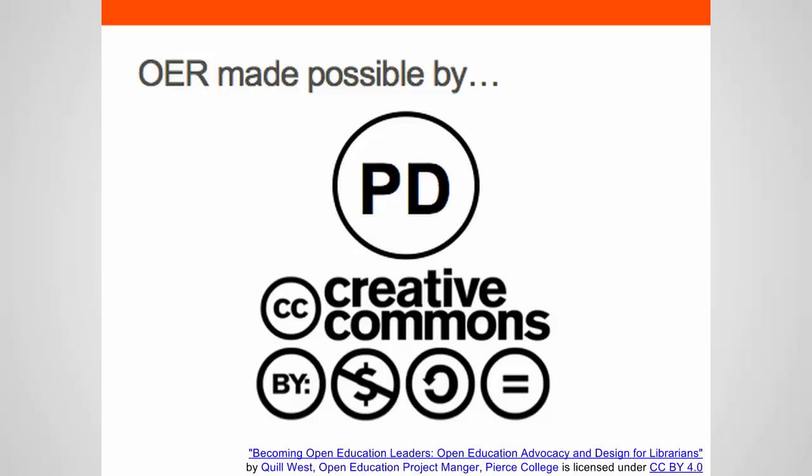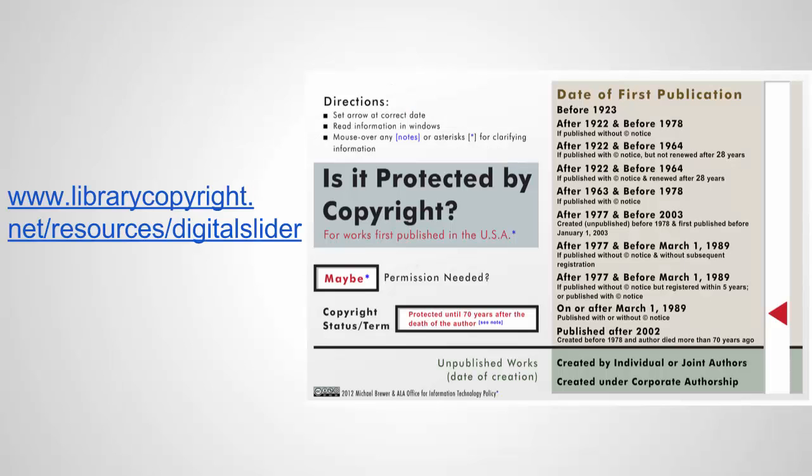In the OER Basics presentation, I only mentioned open licensing because there's so much to say about it. In this presentation, I'll get into the nuts and bolts of why open licensing is so important to the OER movement. When it comes to U.S. copyright law, intellectual property like textbooks usually falls into 2 broad categories.